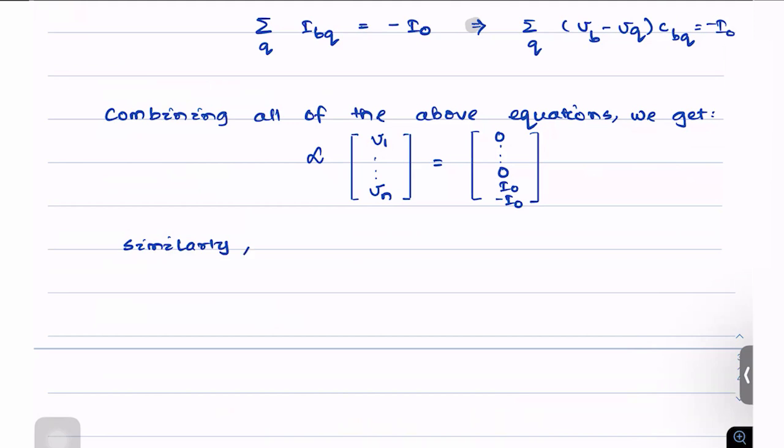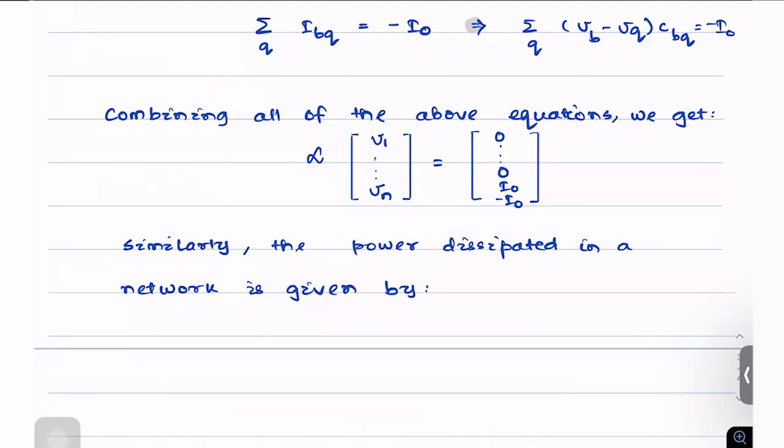We can simply write the power dissipated in a network is directly given by V transpose LV, which is simply equal to the summation of C_ij (Vi minus Vj) whole squared, where i, j vary from 1 to n.